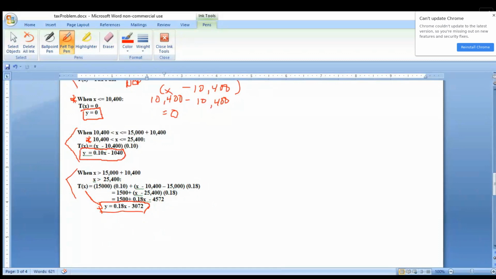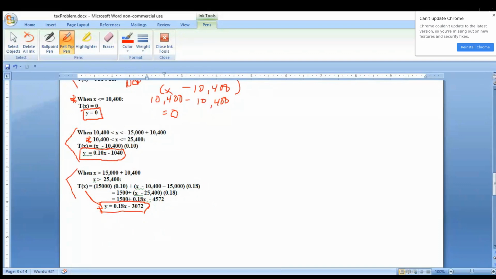So y equals 0, you could see it intersects the blue line. Well, let's see what the blue line is. It's that same equation, our second scenario, 0.1x minus 1040. That's when our total income is between 10.4 and 25.4.